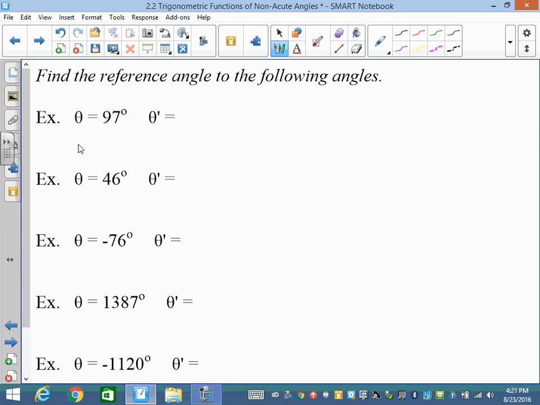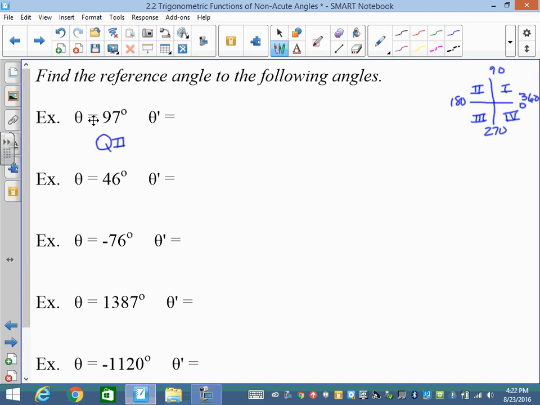On this one here, find the reference angles. So 97 degrees, 97 is in quadrant 2. So this is where I'm going to come over here and do this little thing. Remind you guys, 0, 90, 180, 270. Full rotation is 360. This is quadrant 1, quadrant 2, quadrant 3, and quadrant 4.